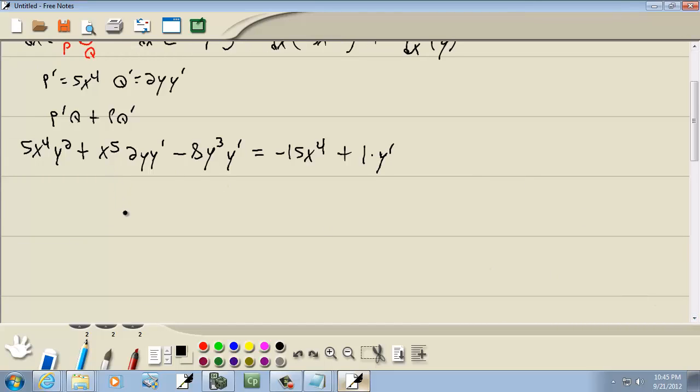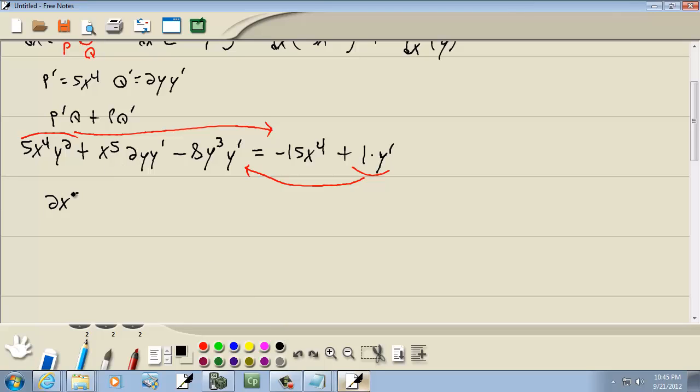Okay, now I want to get everything with y prime on one side, everything else on the other side. So I guess I'll take this y prime here to the left side, and this 5x to the 4th y squared to the right side. And I'll rearrange these.